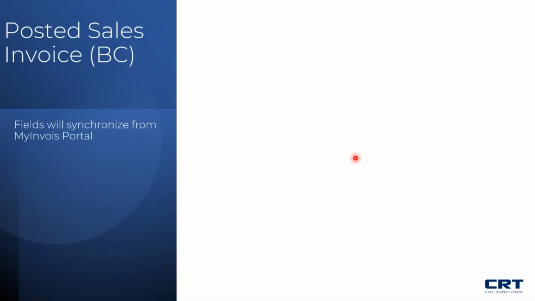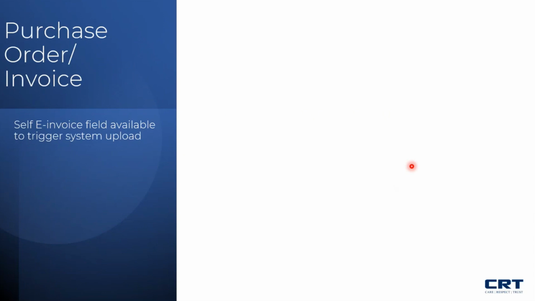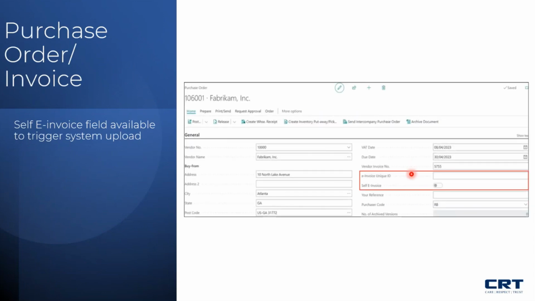Alright, so on the posted document itself, we have all those e-invoice information also. Okay, but we pull the e-invoice message on the page also. Okay, similarly on the purchase document, it will be the same, only the self-bill e-invoice is equal to yes, it will be submitting to the portal.